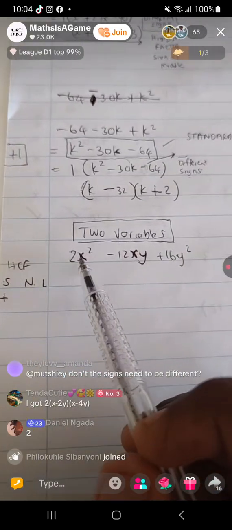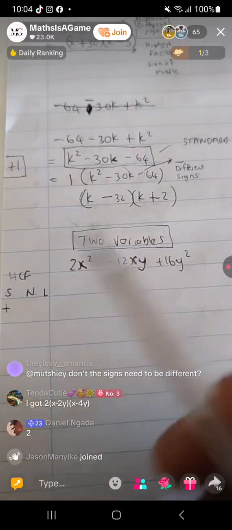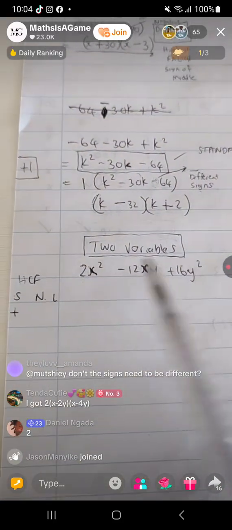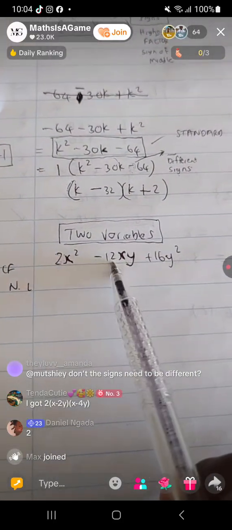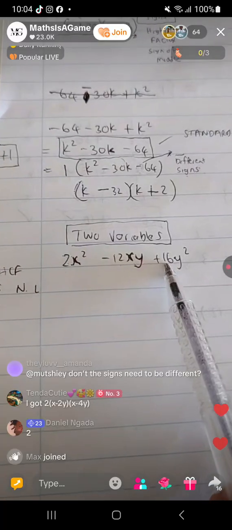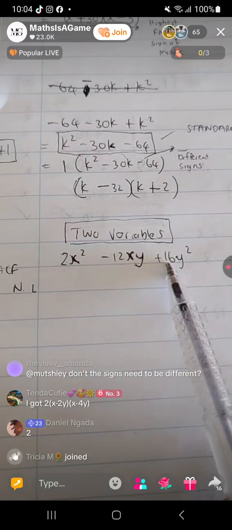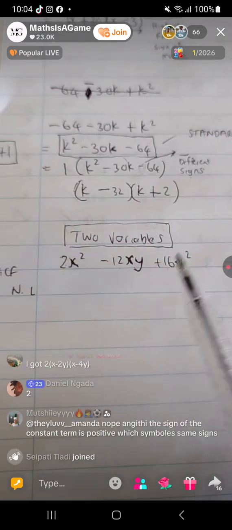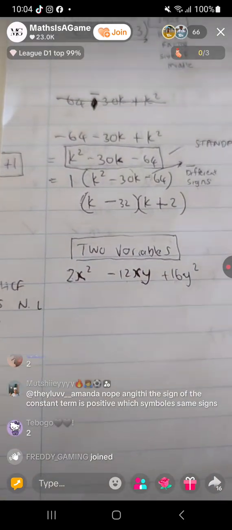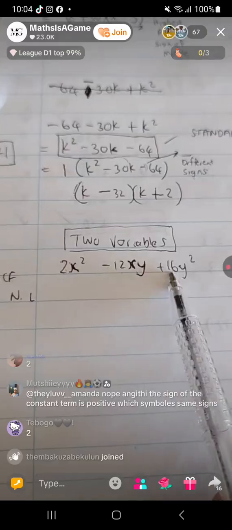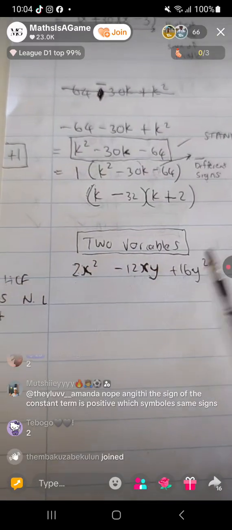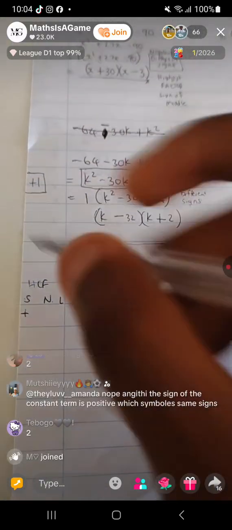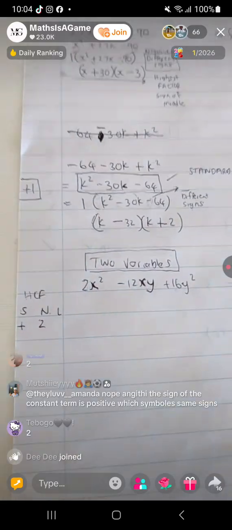We're looking for the highest number that goes into 2, 12, and 16. It's not 1. 1 does go into 2, 12, and 16, but the highest number that goes into all 3 without leaving a remainder is 2. So the highest common factor number is 2.